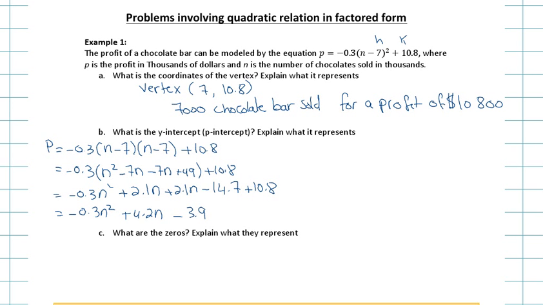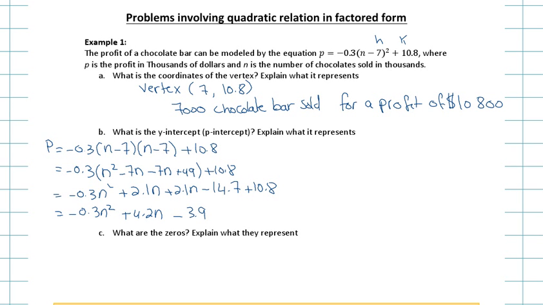So what's your y-intercept or p-intercept? Negative 3.9. What does that represent?